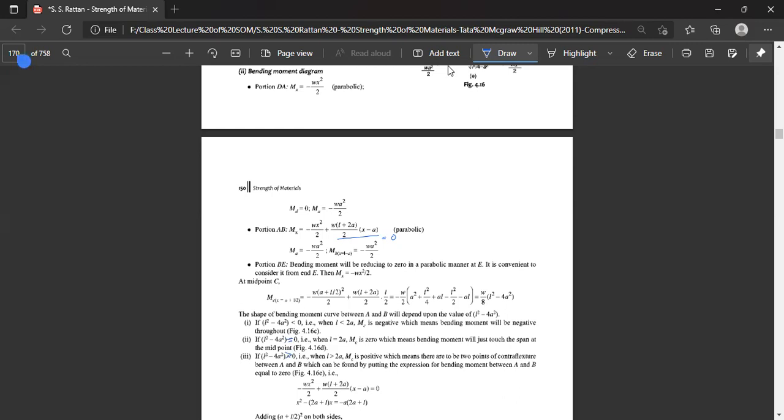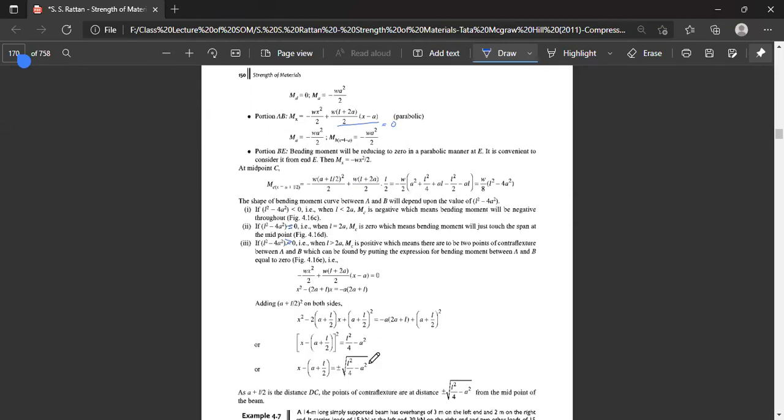When l is more than 2a, Mc is positive, which means there have to be 2 points of contraflexure between A and B, which can be found by putting the expression of bending moment between A and B equal to 0. So if we put this equation equal to 0 and solve this quadratic equation, after simplification it becomes x squared minus 2a into l plus x minus a into 2a.